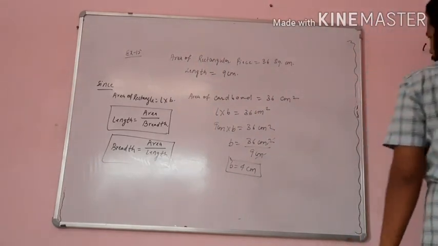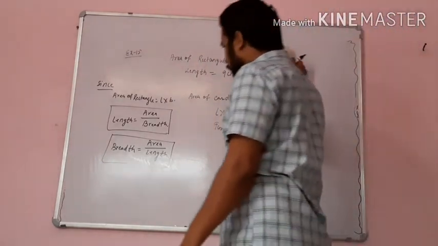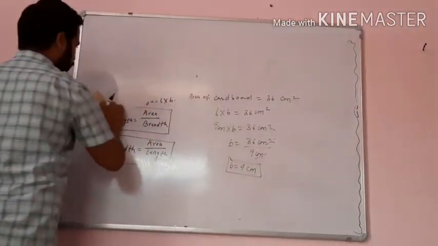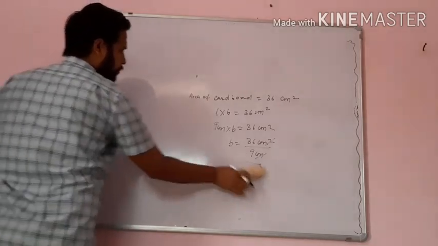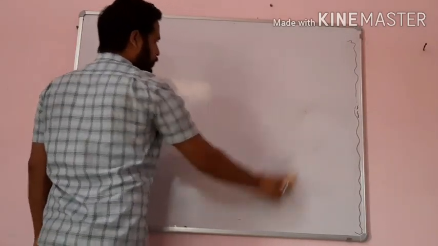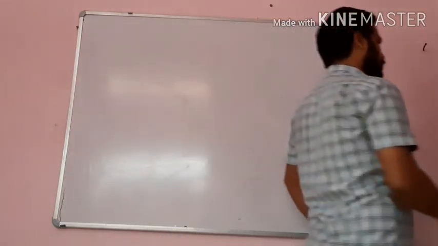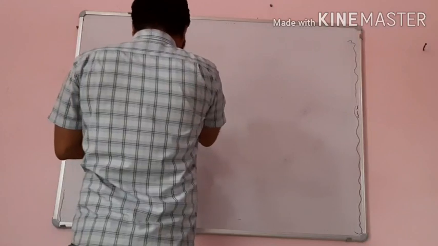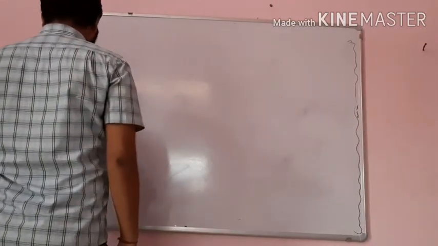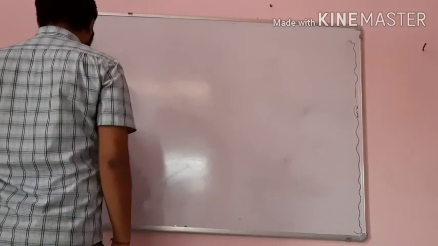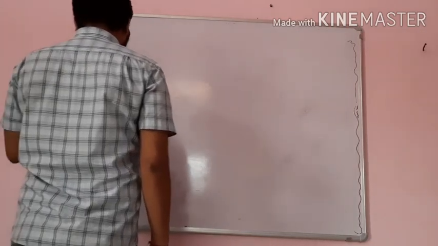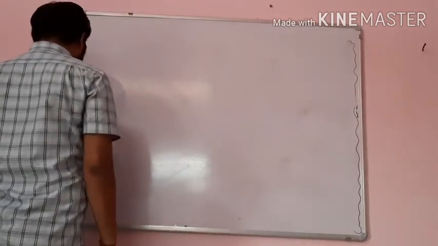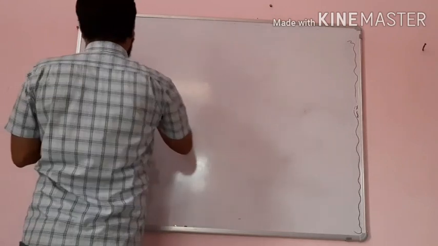Now moving to the next example, example number 16. Bob wants to cover the floor of a room 3 meter wide, 4 meter long.